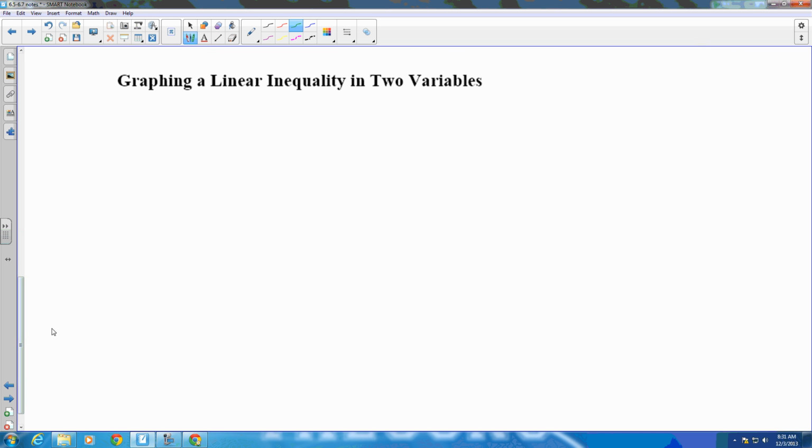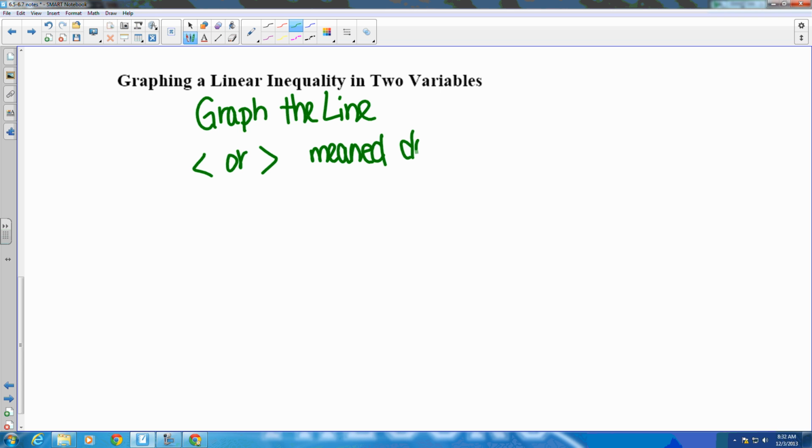Second part of this section is graphing the equations. What you're going to do is graph the line. We know how to do that. If you have a less than or a greater than, that means you should have a dotted line or dashed line.